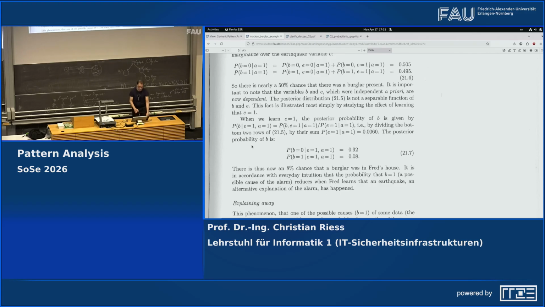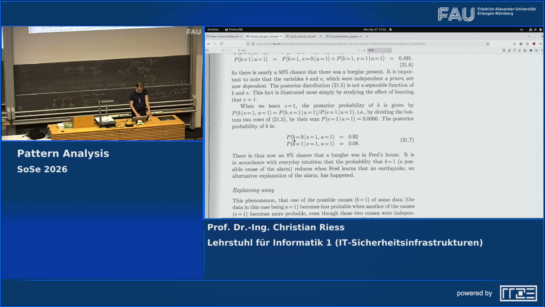So long story short, the calculation ends up being a 92% chance that there was no burglar. So knowing that in fact it was an earthquake changes the whole belief about whether there was a burglar or not.